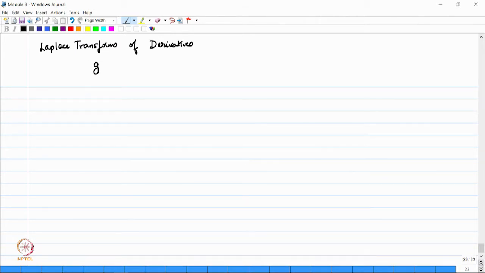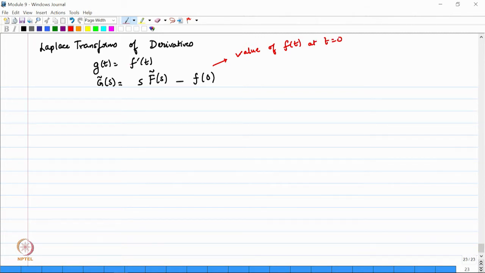Suppose you take g of t equal to f prime of t, then you can show that g tilde of s is equal to s times f tilde of s minus f at t equal to 0. Okay, this is the value of the function at t equal to 0. And you can easily show this by integration by parts.